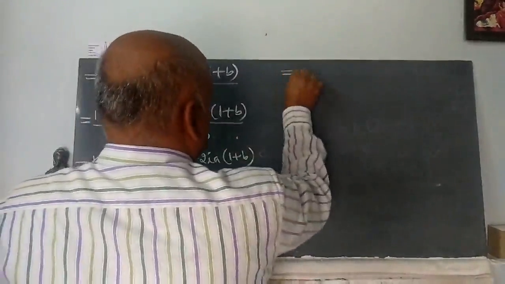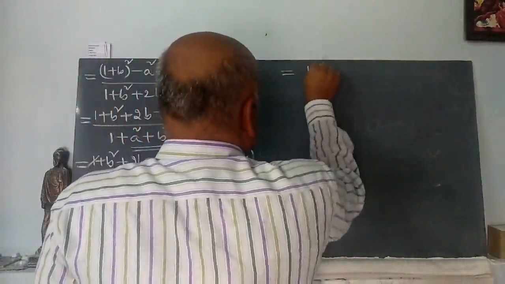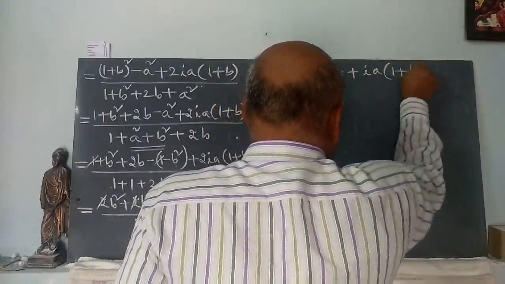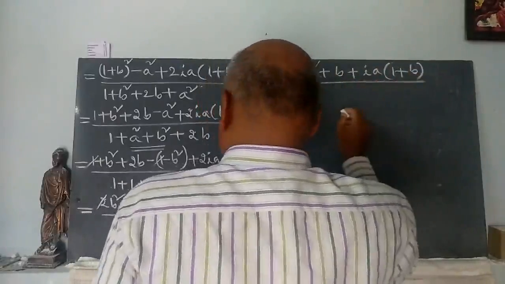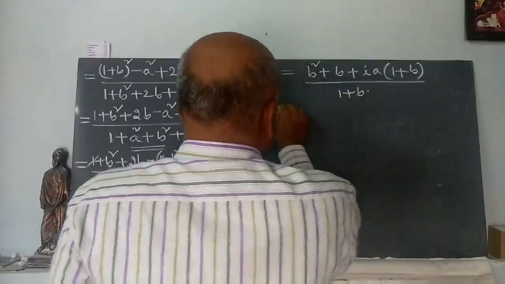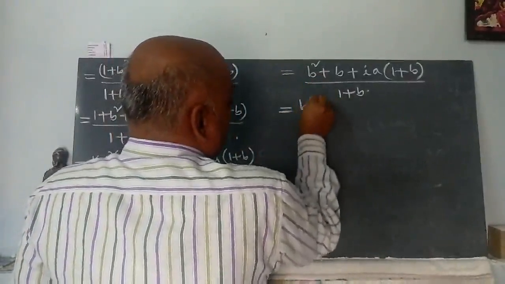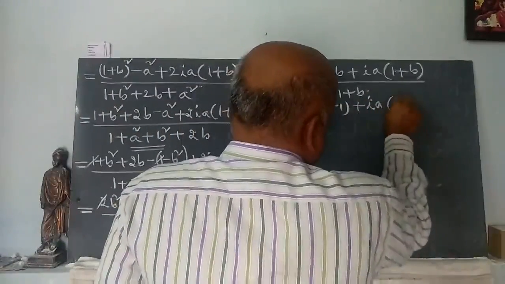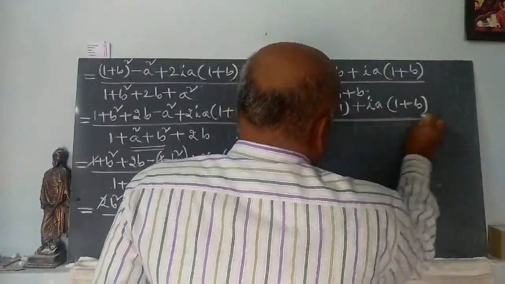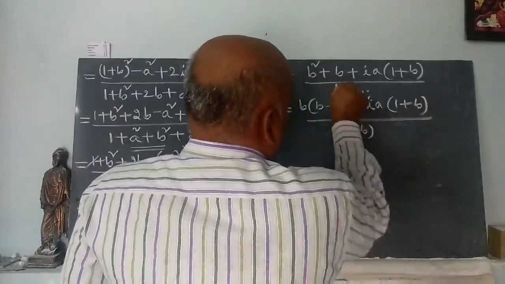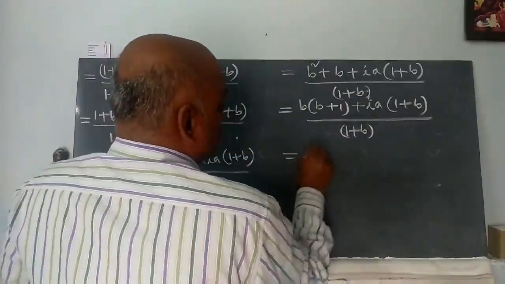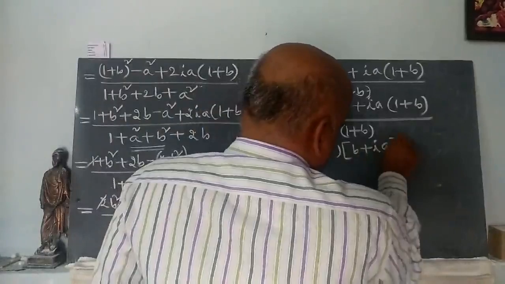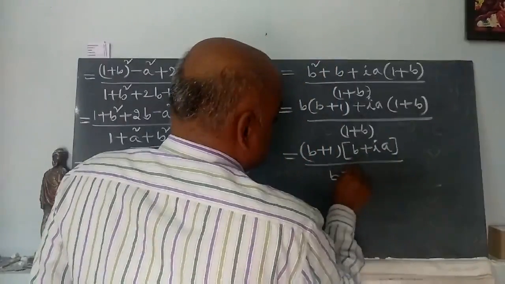This is equal to B square plus B plus iA into (1 plus B) whole by 1 plus B. This is equal to B is common, B into (B plus 1) plus iA into (1 plus B) by 1 plus B. So this is equal to (B plus 1) into (B plus iA) by (B plus 1).